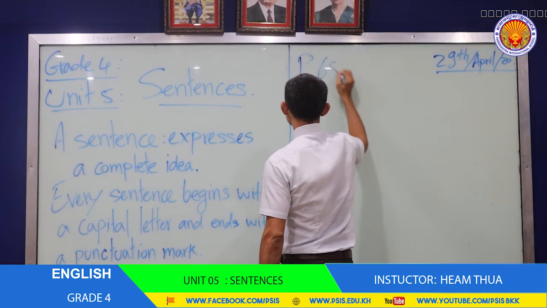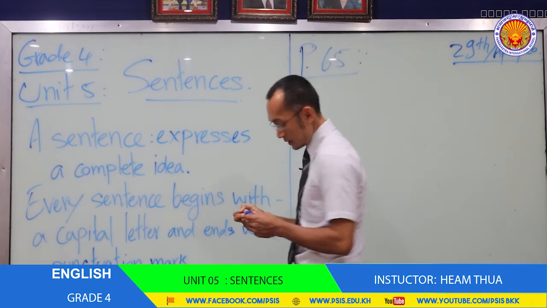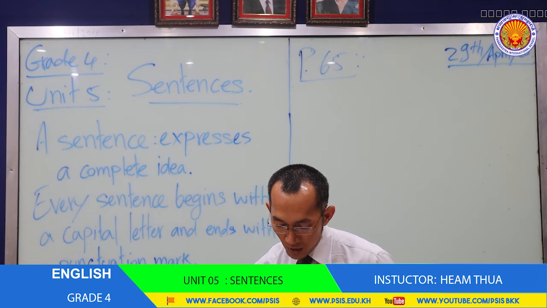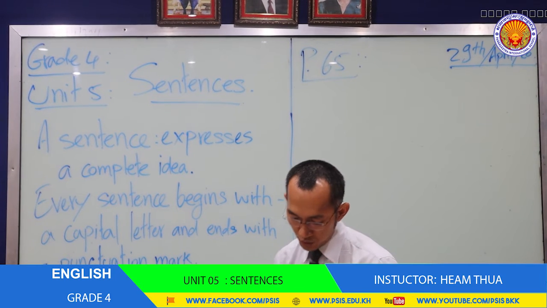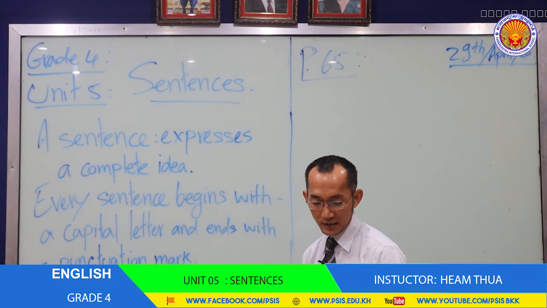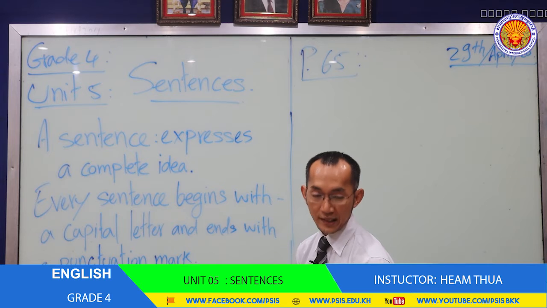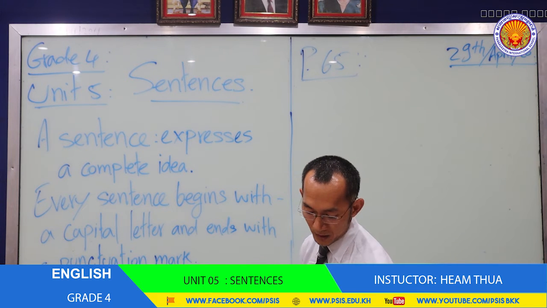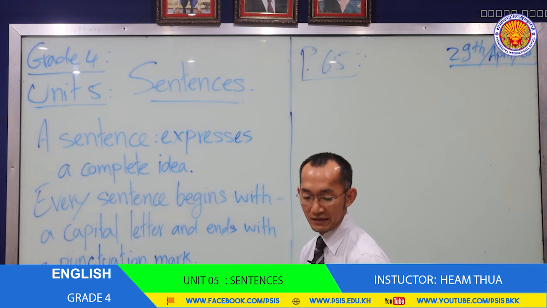Page 65, okay? So this is just what teacher read for you. Now you can turn to page 67 because I need to skip page 66, which is the song only. So now I would like to go to page 67.